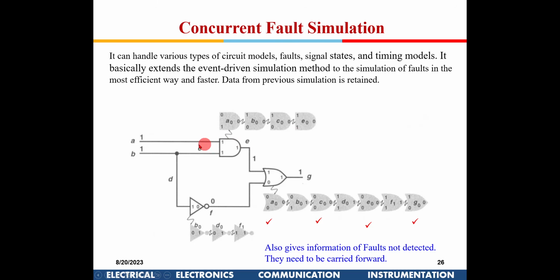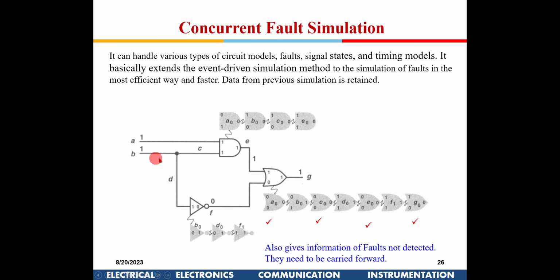So instead of talking about each fault, for each node, say node A for a fault corresponding to stuck at 0, it will create one gate in the memory, a faulty gate. Okay, similarly for B stuck at 0, it will create one more gate. And this is a behavioral model of the gate.